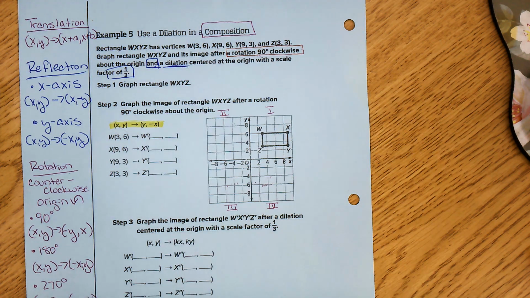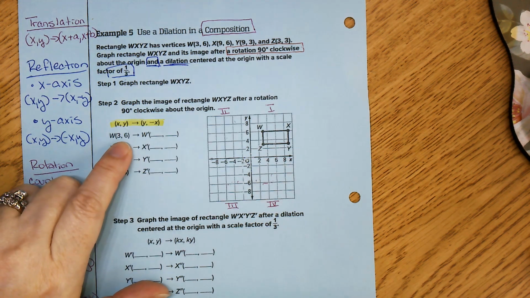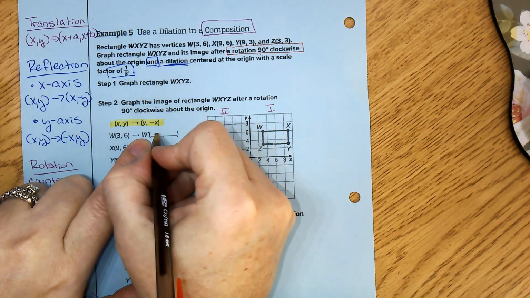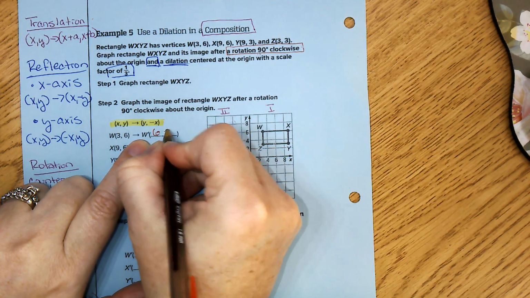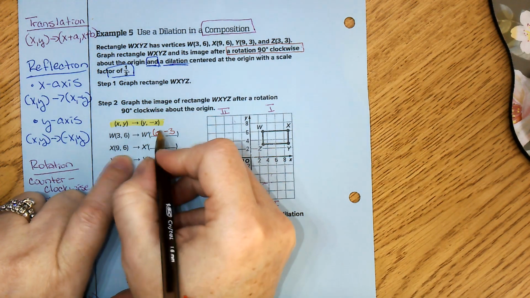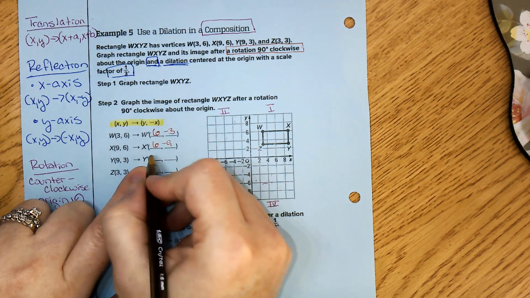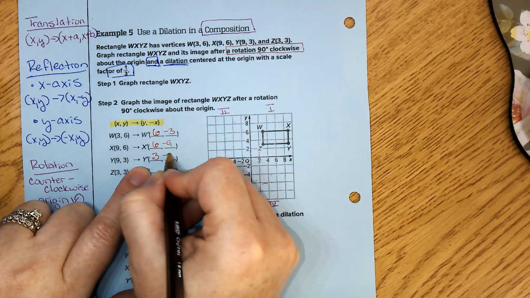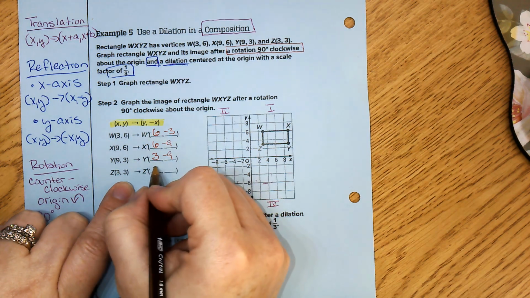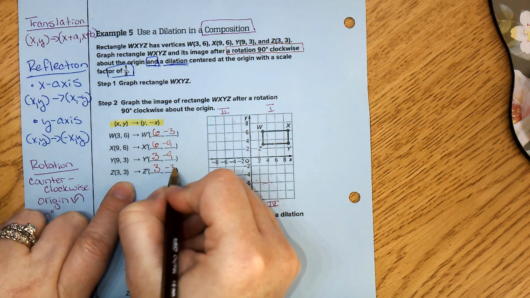So we are going to flip our numbers and we're going to change the sign in front of our original x. So W prime would then be 6, -3. X prime is 6, -9. Y prime is 3, -9. And Z prime is 3, -3.